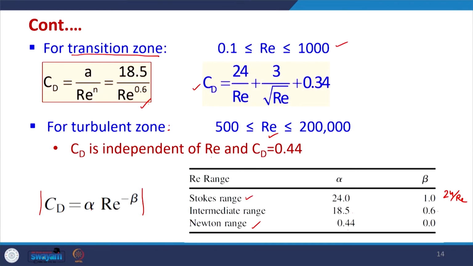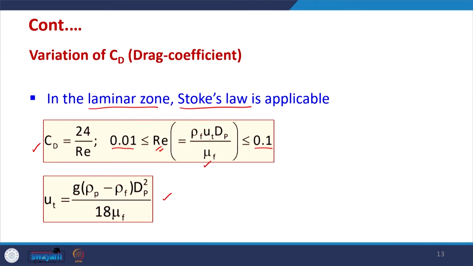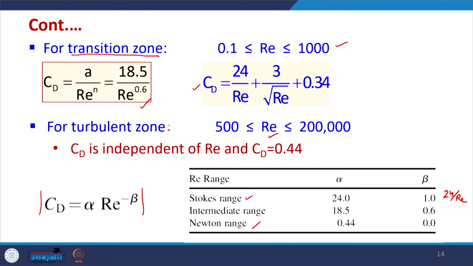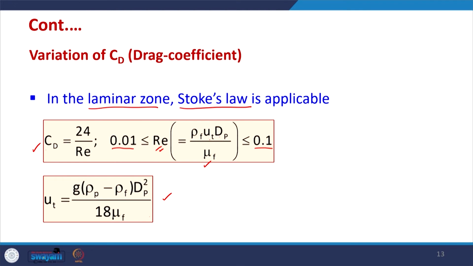Now, in this particular expression or any of these expressions, what we see is that in this case we have to find out the terminal velocity. Now, we have to apply the equation such that we should know the Reynolds number range. So, for each different Reynolds number range we have a different expression, and the Reynolds number itself can be found out only when we have the velocity.